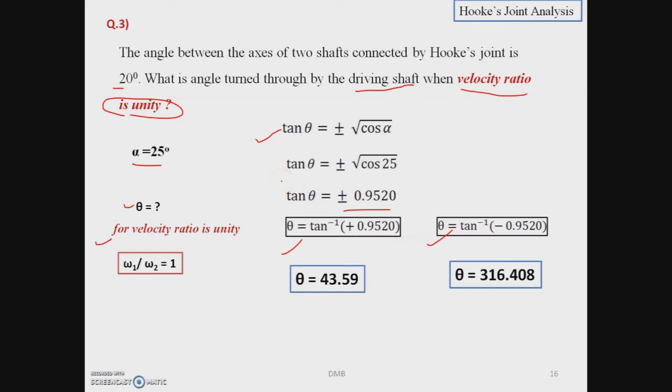But we have seen that theta must have 4 values, because during one revolution, speeds of both the shafts become the same 4 times. So these are 2 values of theta at which the speeds are the same for both the shafts. We'll determine the other 2 values from these known values.